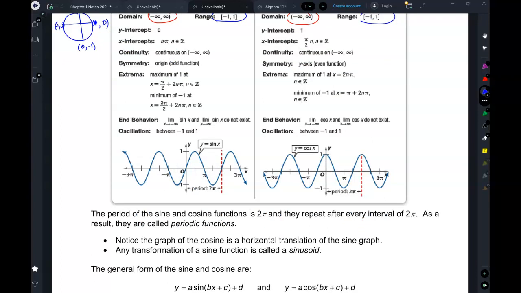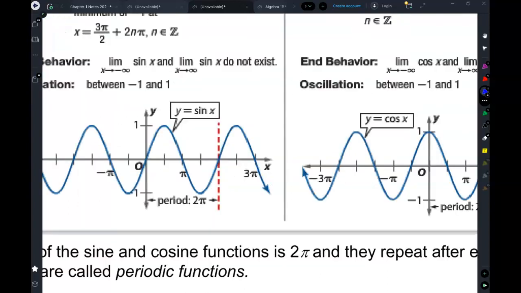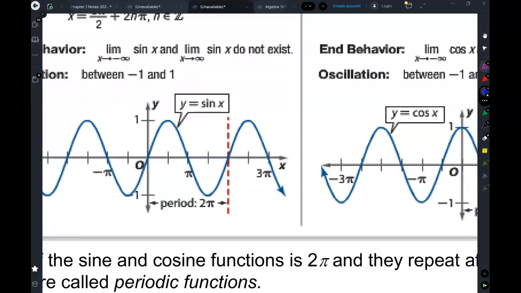Now let's take a look here. This is what the graph of a sine function looks like. What are some important things we have to look at here? First and foremost, when the angle is 0 degrees, or 0 radians, the sine starts on the axis of oscillation, so the y value is 0.